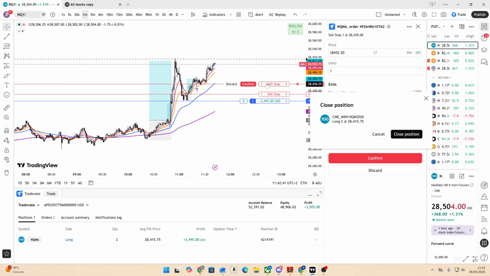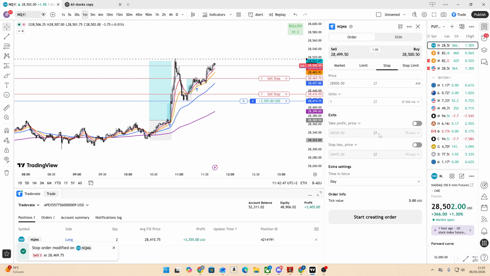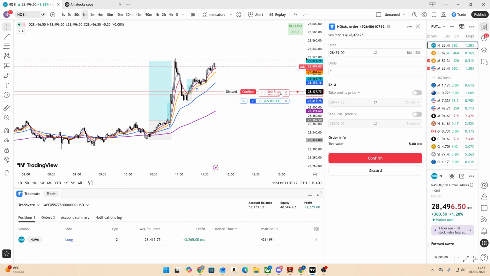I would like maybe to move this in this area, but I'm not sure if I'm gonna hold this. Maybe not. I'll move it down and then I'll see.